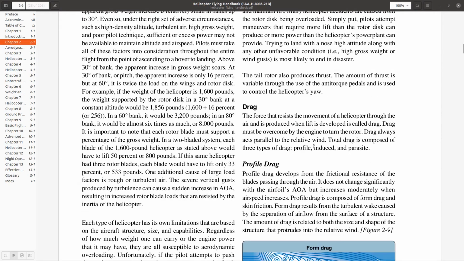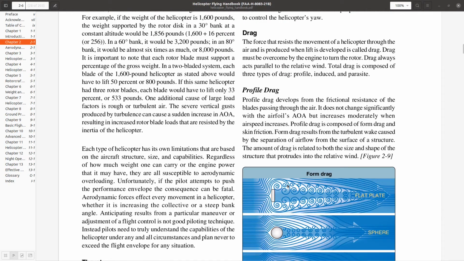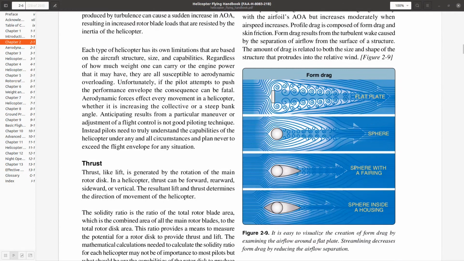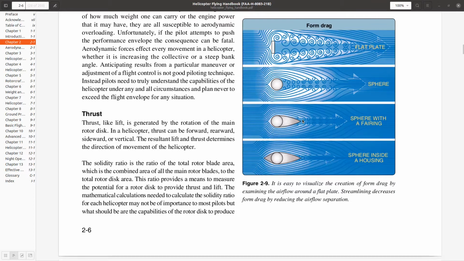So when you look at drag, they can break it down to different kinds of drag. You have things like form drag. If you take a plate and you try to slam it through the air, you get a bunch of turbulent flow. If you have something like a sphere, it gets a little bit better. And if you put a fairing on that sphere, it gets better yet.